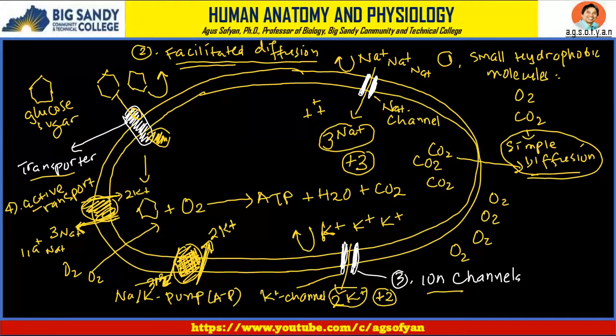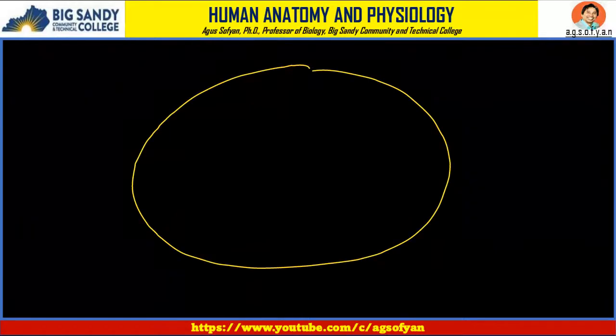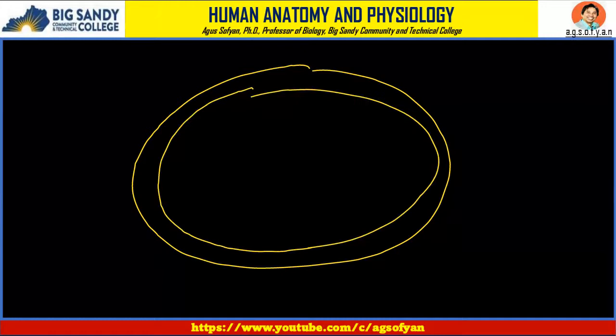There is another movement of molecules using vesicle transport. So if this is the cell membrane, remember inside the cell there is a Golgi apparatus that produces products like hormones.